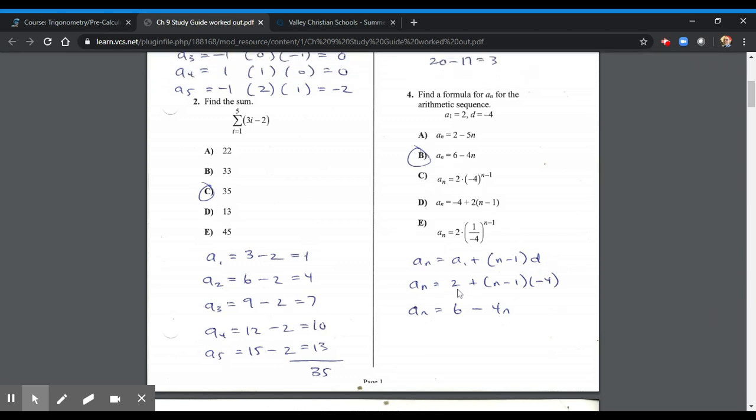So my A sub 1 is 2. My difference D is negative 4. So I've got 2 plus n minus 1 times negative 4. So that's 2 plus 4, which is 6, and then I've got a negative 4n. So 6 minus 4n. So my answer turns out to be B.